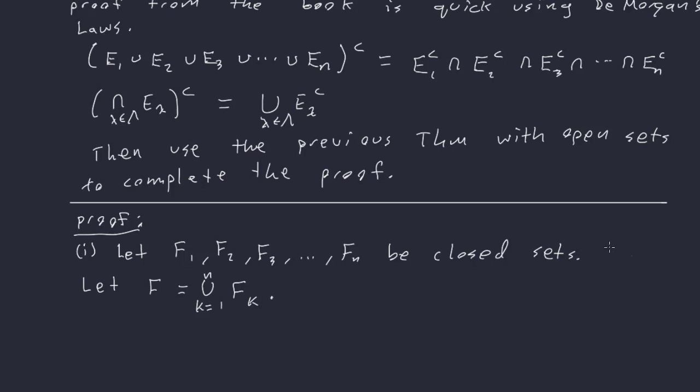All right, now over here I'm going to do our want to show. We want to show that capital F is closed, right? Which means that I want to show that it contains all of its limit points. So we want to show F contains all of its limit points.